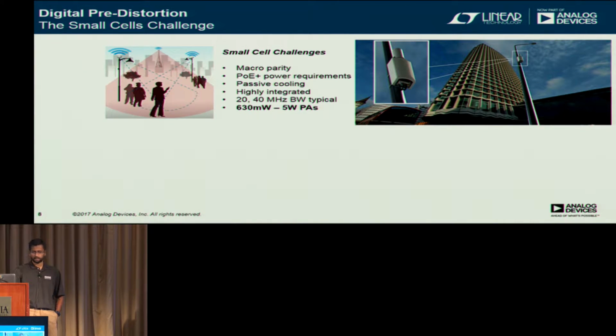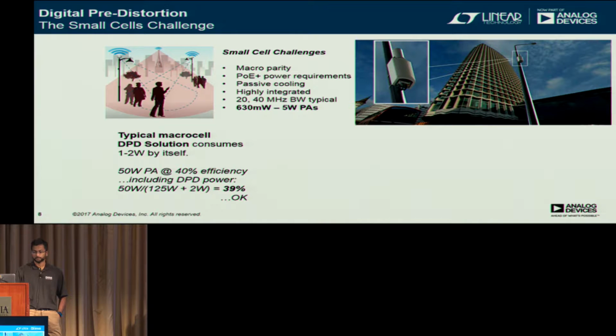So what does it mean in the context of small cells for DPD? Small cells typically have the same spec requirements as macro base stations, but they also have additional constraints. PoE, power over Ethernet, is considered as a power supply solution for small cells in most cases, so that drives some requirements. Passive cooling and integration obviously are considerations.